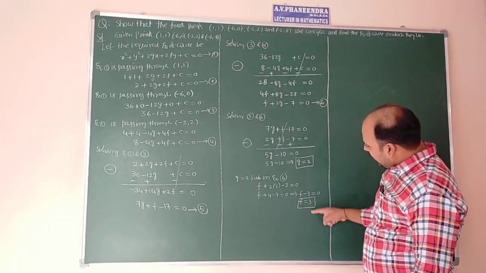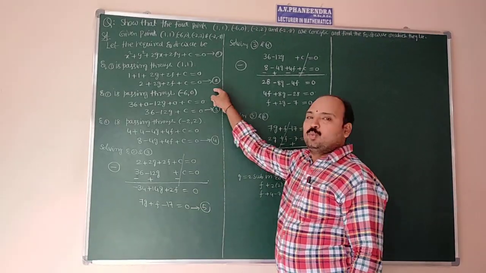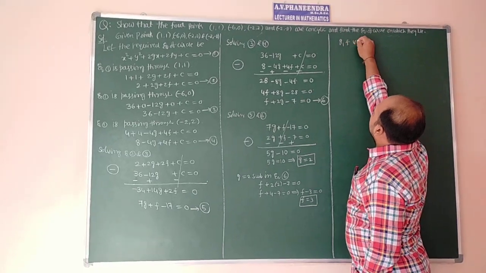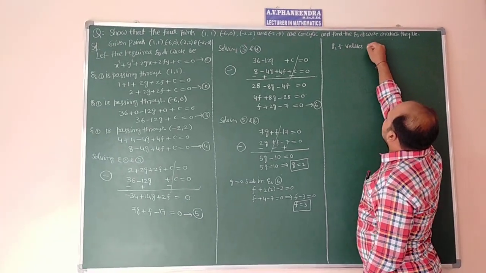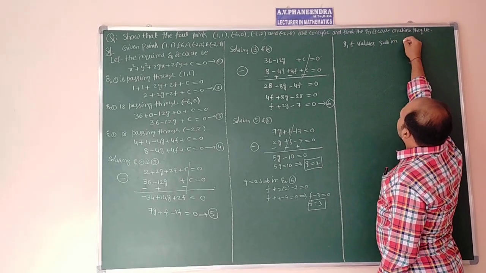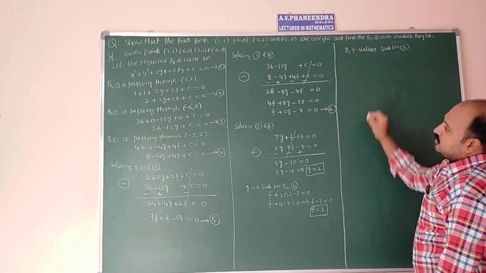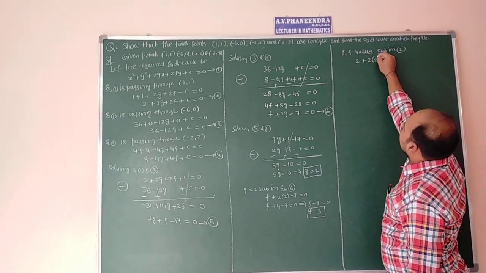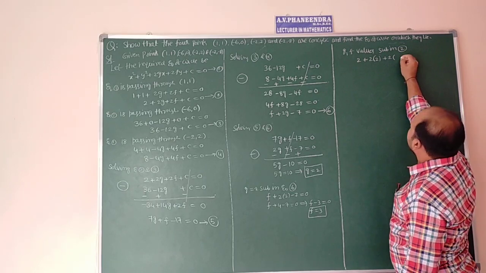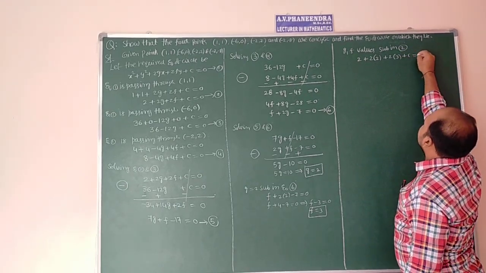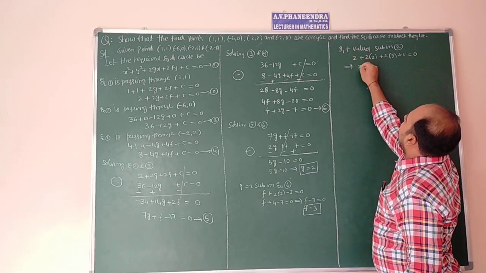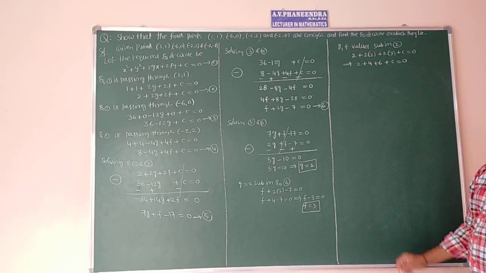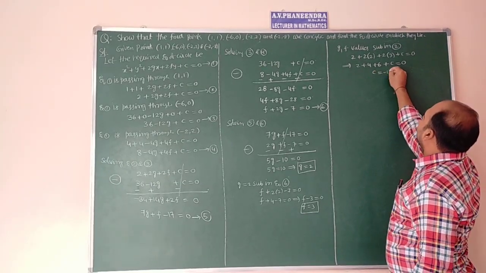After that, g, f values substitute in equation 2. So 2 plus 2 into g value, which is 2, plus 2 into f value, which is 3, plus c equal to 0. So that implies 2 plus 4 plus 6 plus c equal to 0. c is equal to minus 12.